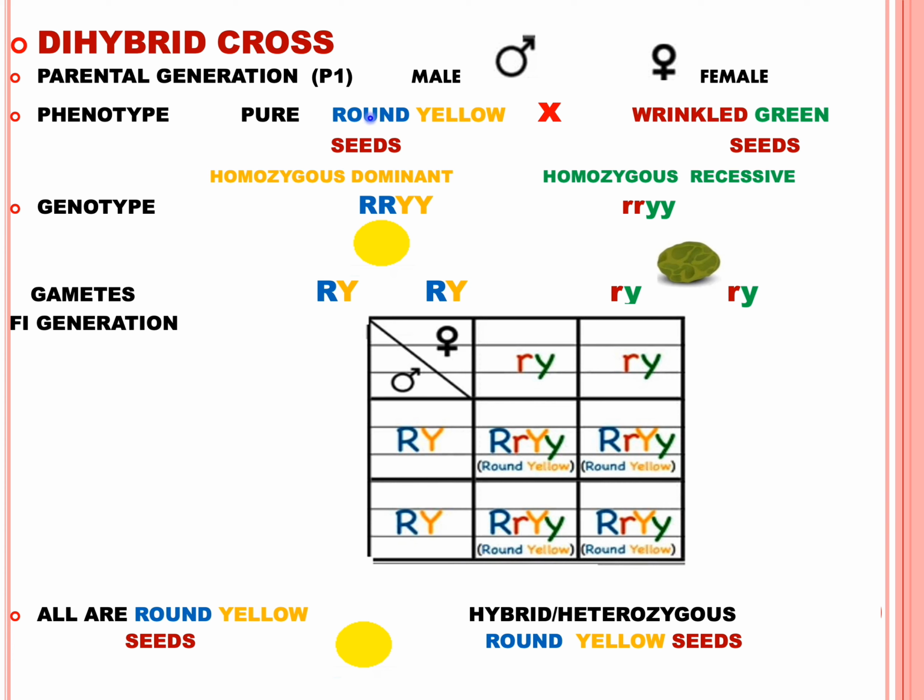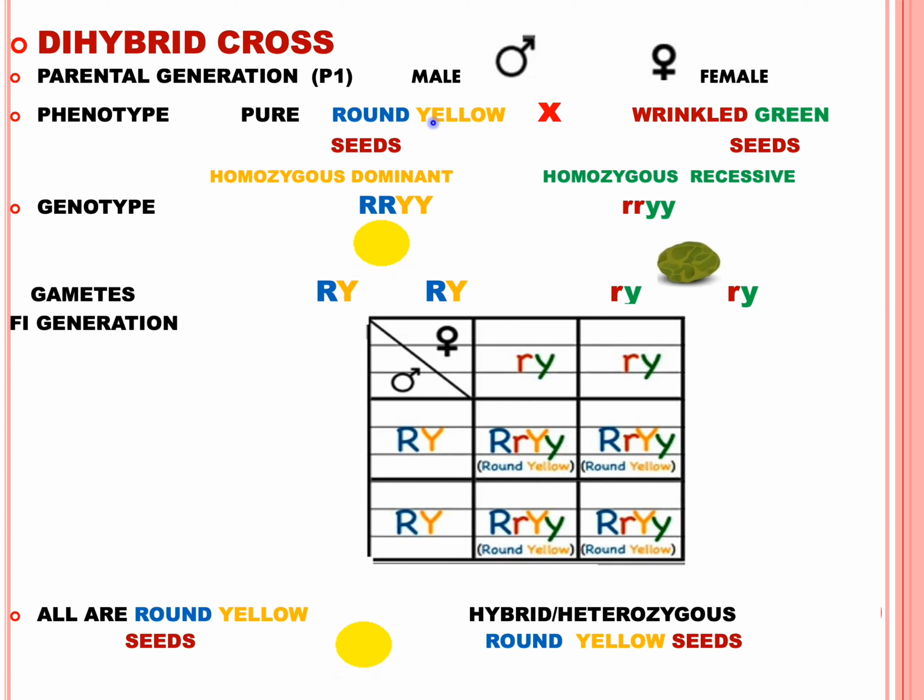Means the round shape of seed is the dominant trait, whereas its contrasting trait, that is wrinkled seed, is the recessive trait. In the same way, yellow color of the seeds is the dominant trait, and its contrasting trait, that is green color of seeds, is a recessive trait.